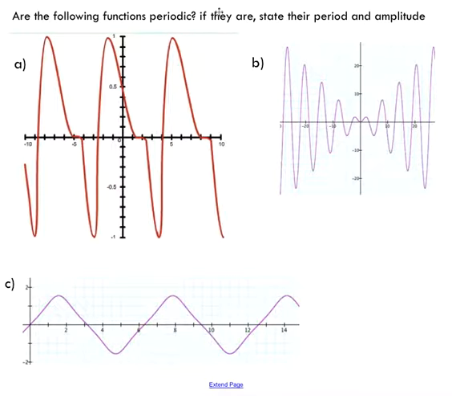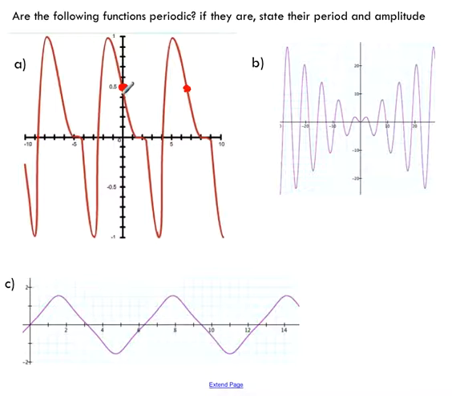Let's just look at some examples here, and I just want to classify these functions as periodic or not. And if they are, we're going to try to state the period and the amplitude. This first one here definitely looks to be periodic. If I pick a point, for instance this point right here, at 0, 0.5, it takes approximately 6.5 to go through one full cycle, and then we start repeating again.